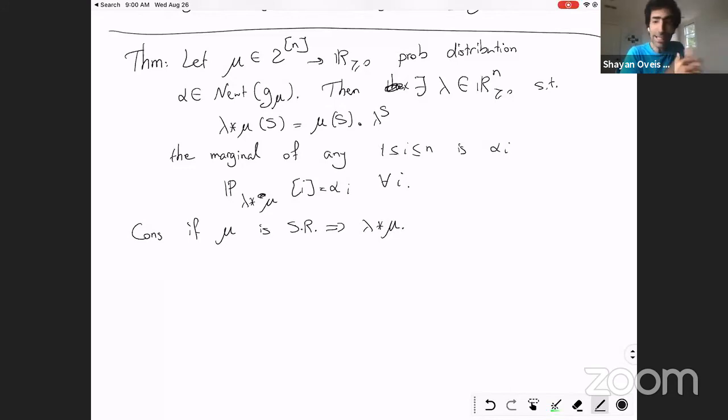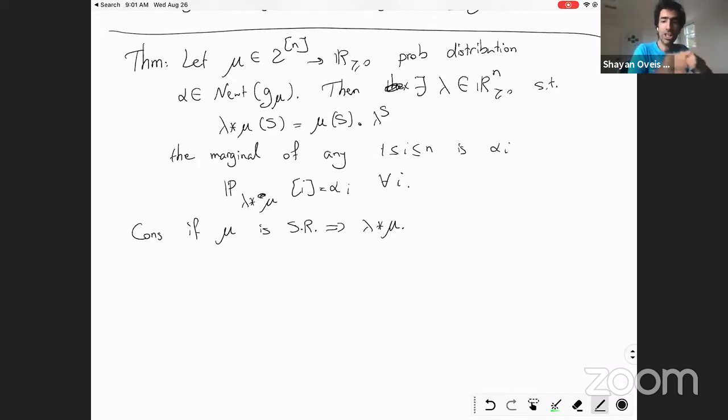Okay, and what this is saying is that give me any point, as long as it is feasible. You need the point to be in the Newton polytope for it to be feasible as marginal probabilities. If it is not in the Newton polytope, basically by the previous lemma, there is no way you can get a distribution that has alpha as the marginal. So give me any point in the Newton polytope.